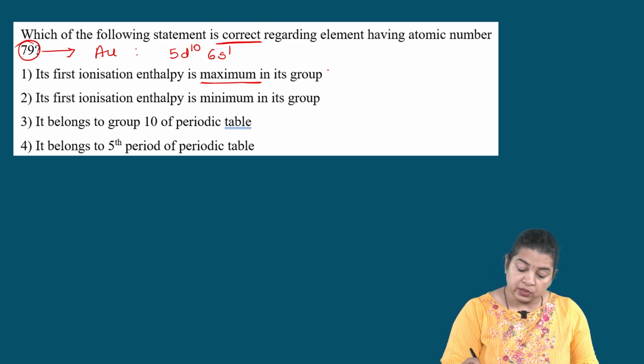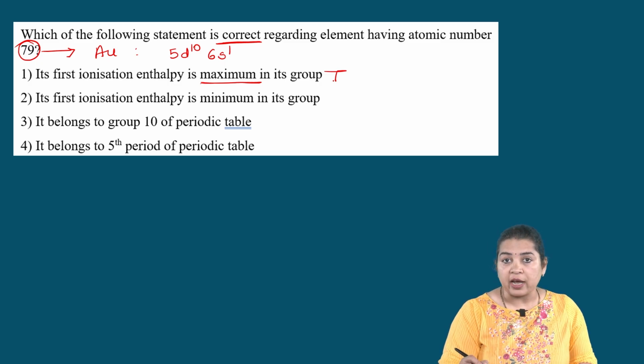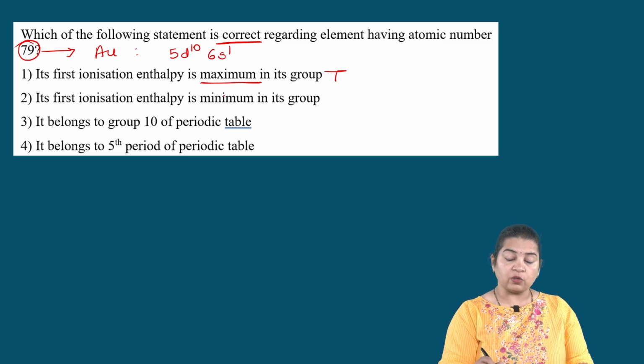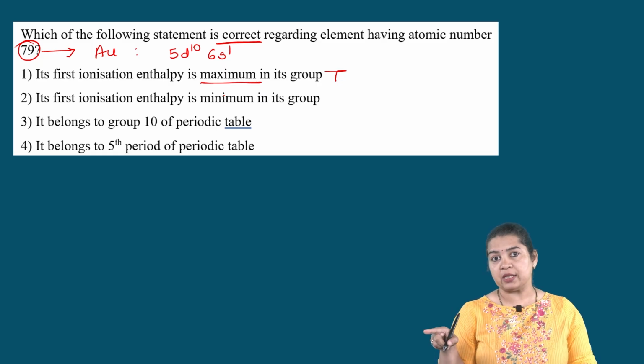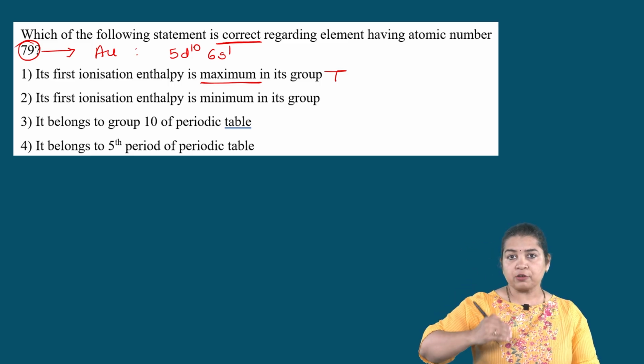Well, that is a correct statement. That is a true statement because of lanthanide contraction, right? This one, gold, is in 6th period where there is a lanthanide contraction. This is in the 3rd transition series, copper, silver, gold.